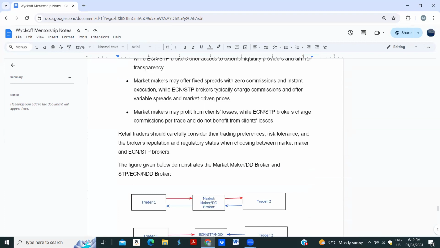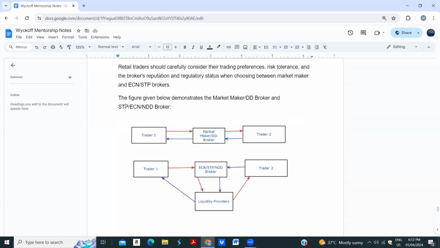All right. So the figure below demonstrates the market maker or dealing desk broker, and the STP, ECN, and NDD broker, which is a no dealing desk broker. So this is a market maker trader model.